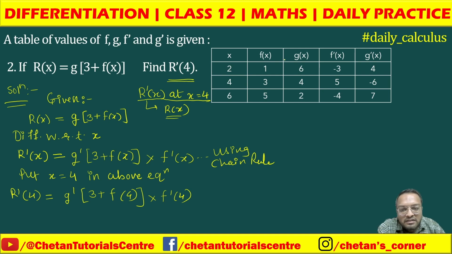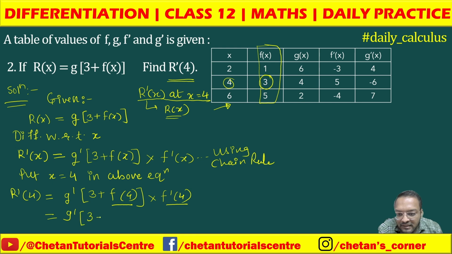Now we have to use this table to find the value of f of 4 and f dash of 4. Now this f of 4 means it is the value of the function fx at x is equal to 4. So for f of x at x is equal to 4, the value of f of 4 will be 3. So we will put this value over here.